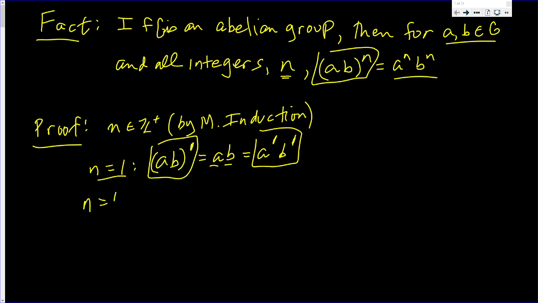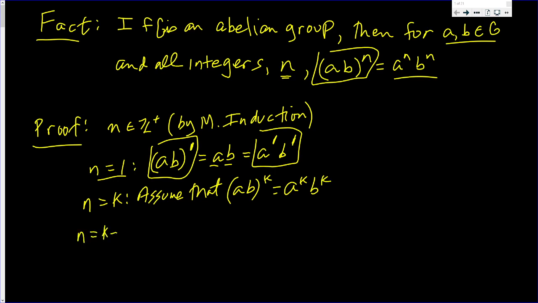Now, for n equal to k, we're going to assume that (AB) to the k is A to the k times B to the k. We're allowed to use this assumption to prove the next case.